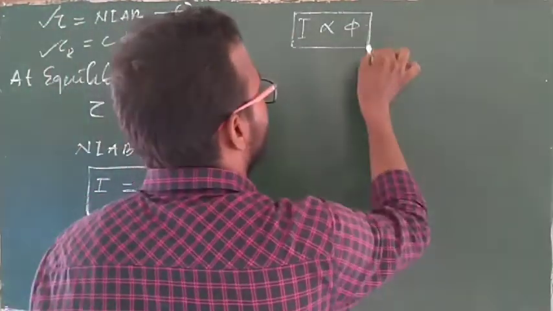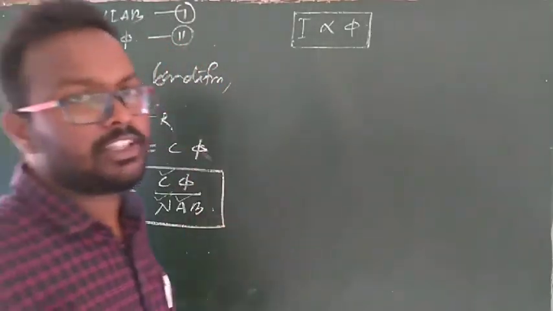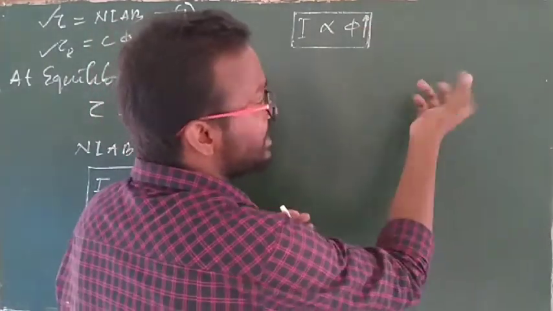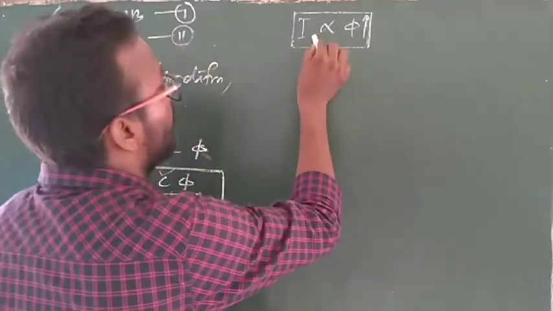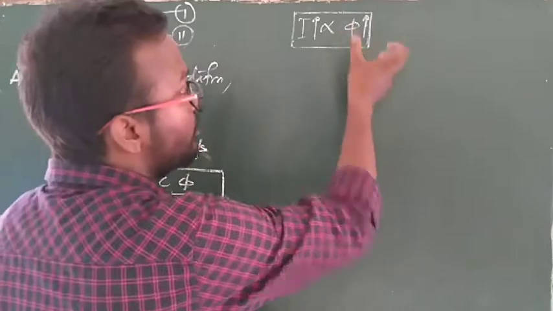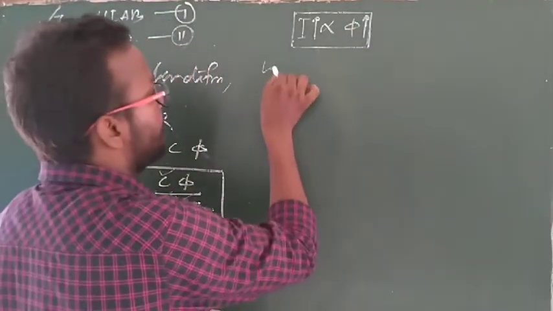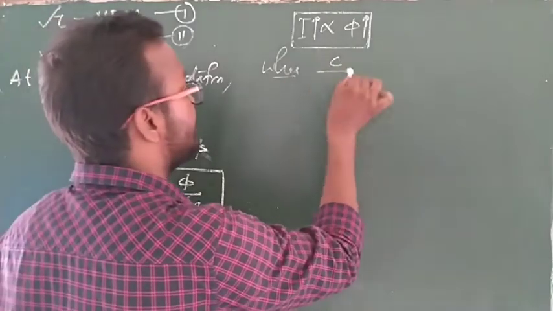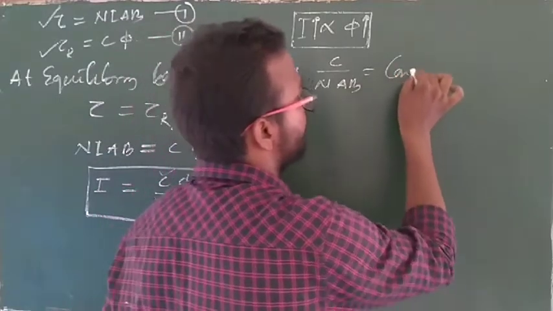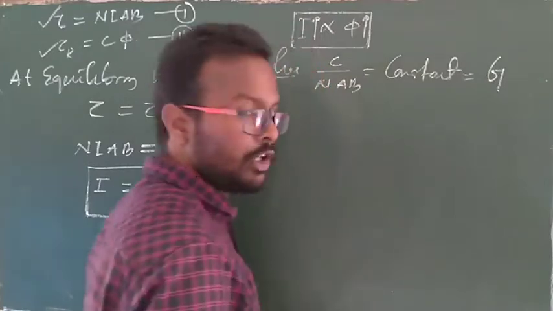So this is an important relation, and the important aim for the galvanometer is that if the deflection is large, if the angle of twist is large, then the current will be large. That means if we increase the current, then the angle of twist of the phosphor bronze strip also increases. Here C by NAB is constant, and this is termed G. What is G?